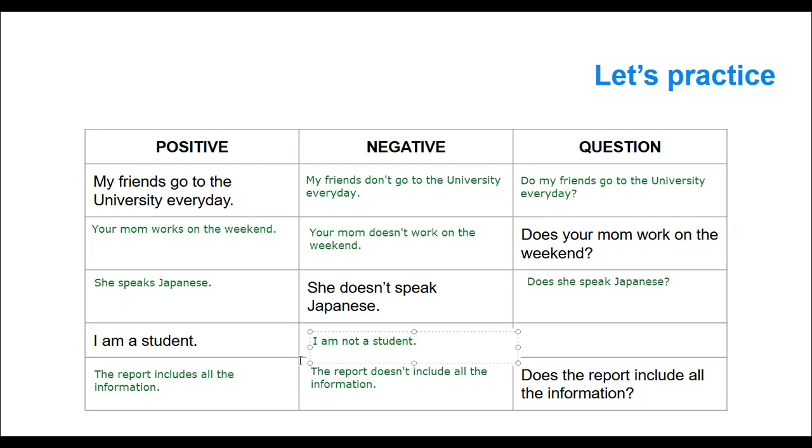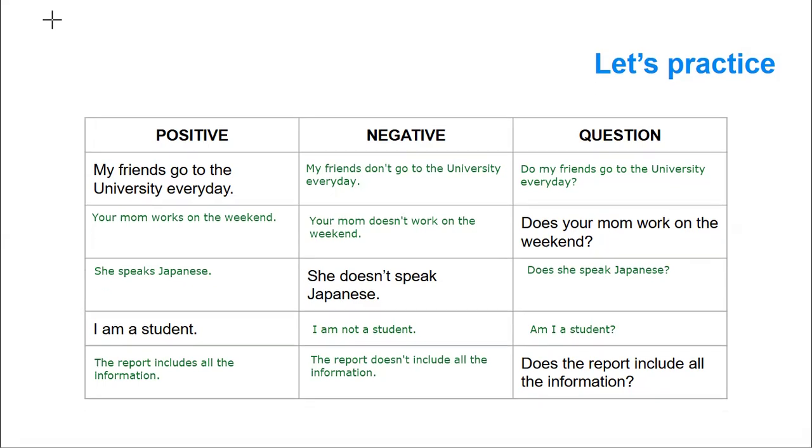Y como question, am I a student? Okay. So, que no se les olvide que verb to be sigue siendo presente simple, but tiene sus propias reglas, tiene sus propias formas, right? So, please don't forget about the verb to be.